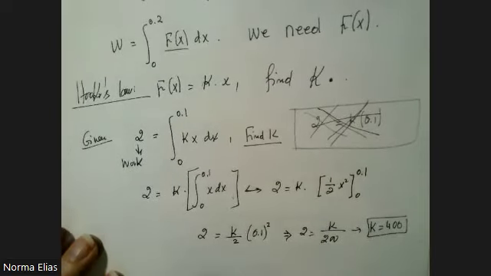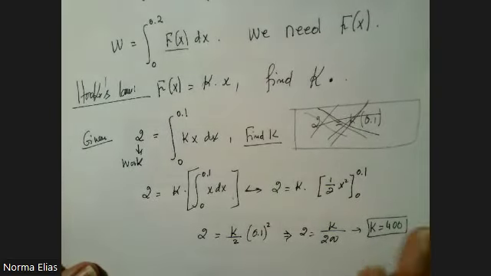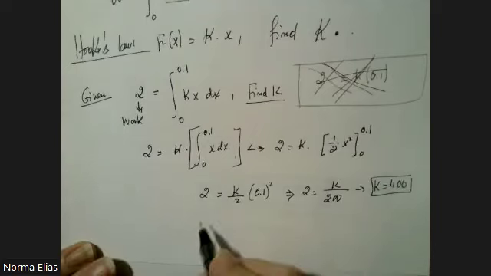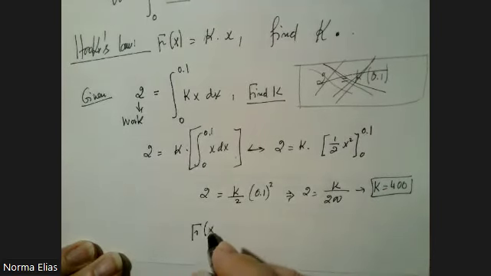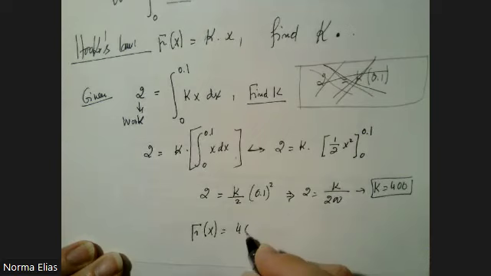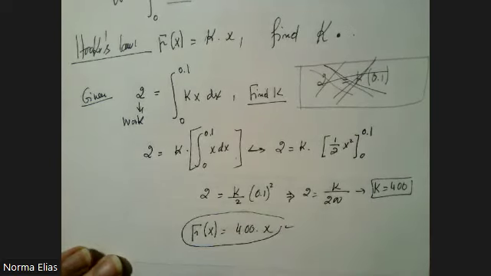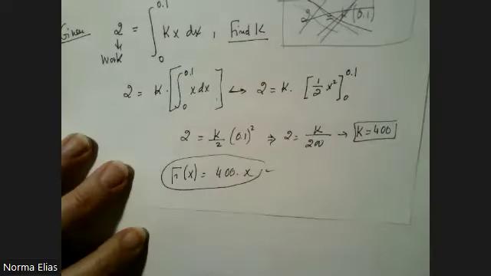Okay, so go over it and think through it. I'm giving you work, I'm not giving you force. So this tells me that my force, f of x, is 400 times x. That gives me the force. Now I need the work.